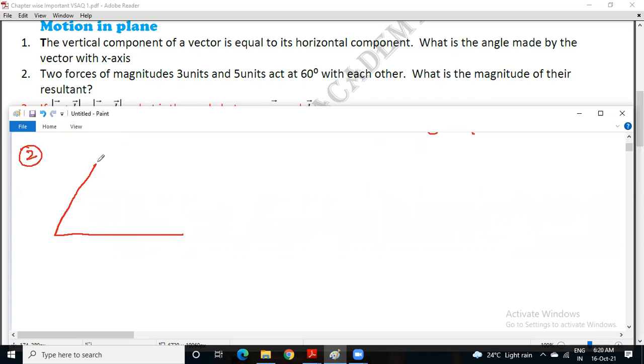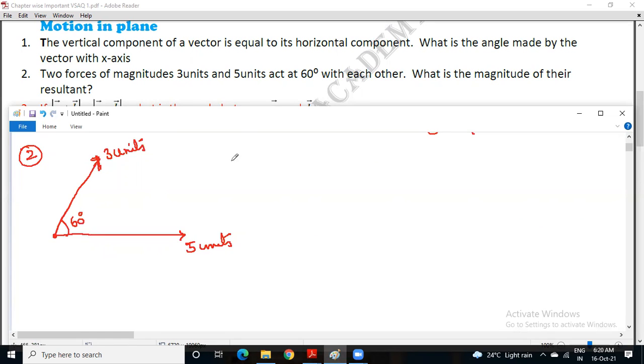So this may be one vector with 3 units. This vector may be momentum, velocity, or force; it can be any physical quantity which depends on direction. And this may be 5 units. These two are acting at the same point at an angle of 60.